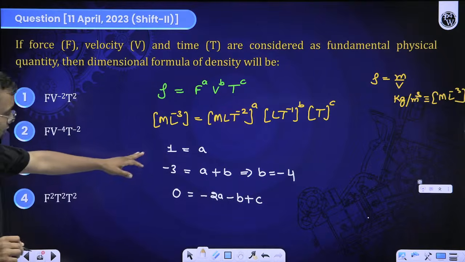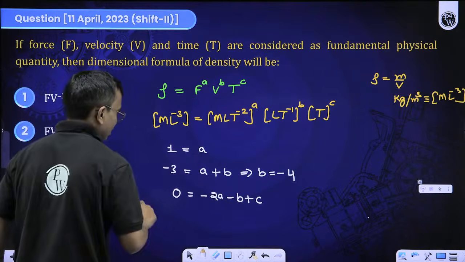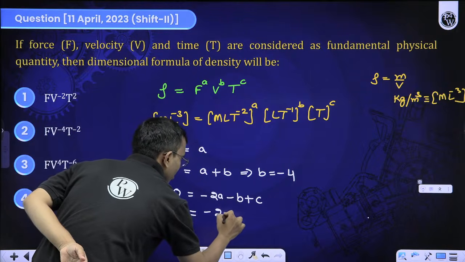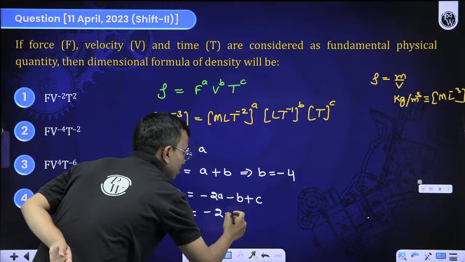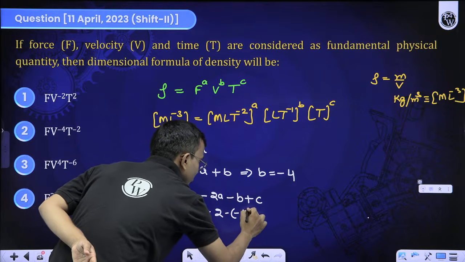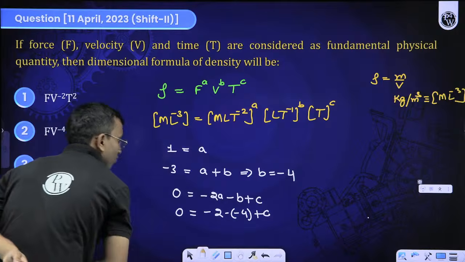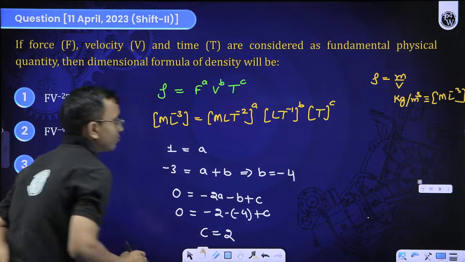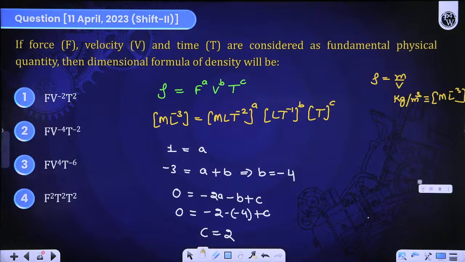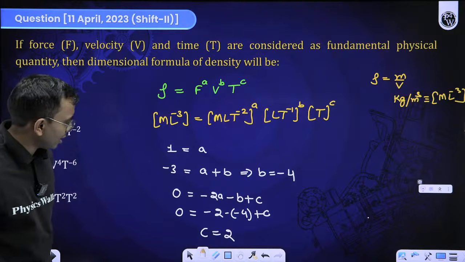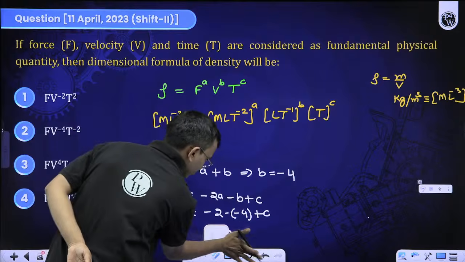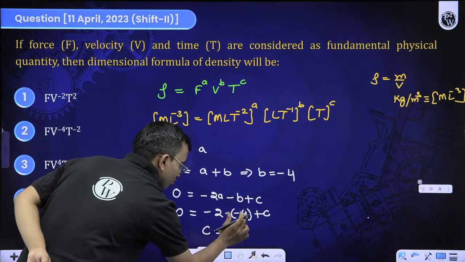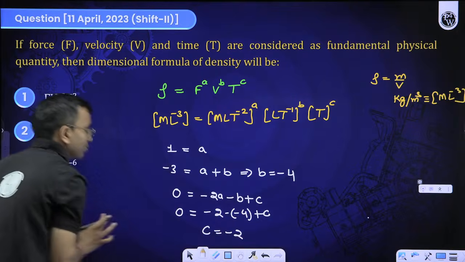Then put the values of a and b which you got from the first and second equations. 0 is equal to, a is 1, so minus 2, minus b, b is minus 4, so plus 4, plus c. From here, what is my c? C comes out to be minus 2, because minus 2 plus 4 will become plus 2, so c comes out to be minus 2.